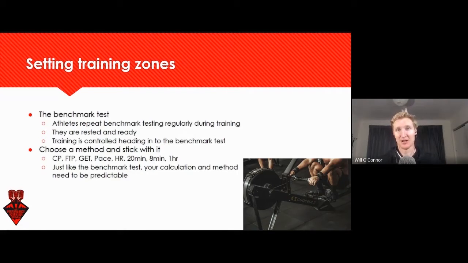He averaged 187, and any age-based calculation suggests that is impossible. His zones were completely different, almost 40 beats different at zone 3. So having these tests, having them reproducible, creates a more accurate means of training and analyzing for the coach and athlete.